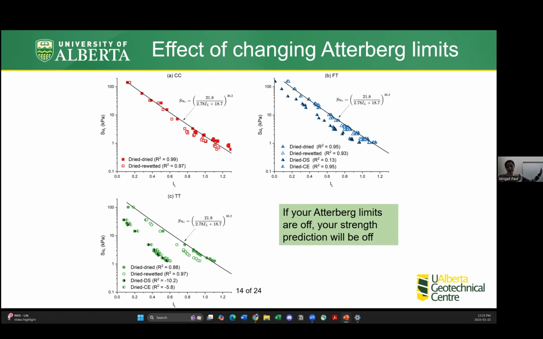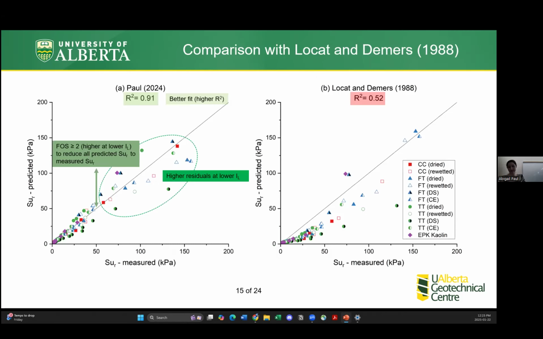The numbers here aren't really all that important, but the key message is that if you are using Atterberg limits that are off to calculate your strength values for this relationship, your strength values will also be off. And again, Atterberg limits are highly imprecise, so getting the right number is often easier said than done.